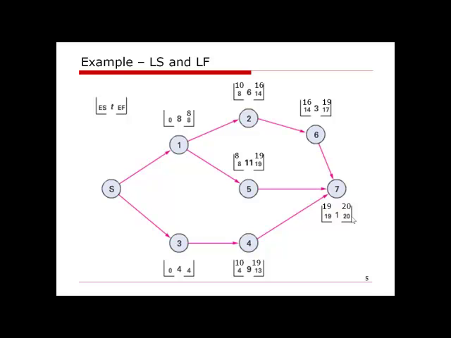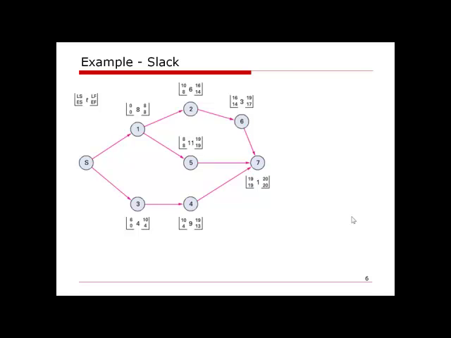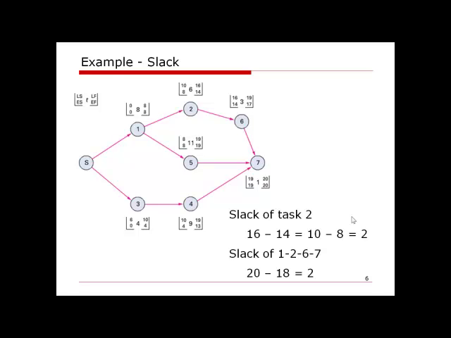Now, the next question is, how can I decide what the slack will be for an activity or for a path? If we take a look at an activity, the slack of a task is determined by the relationship between late finish and early finish, or late start and early start.